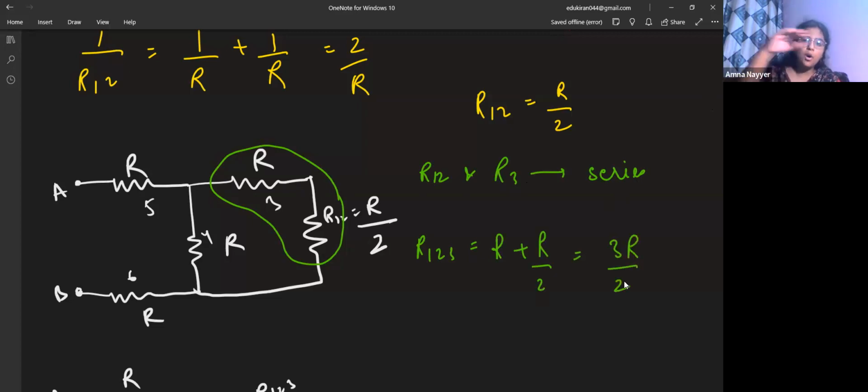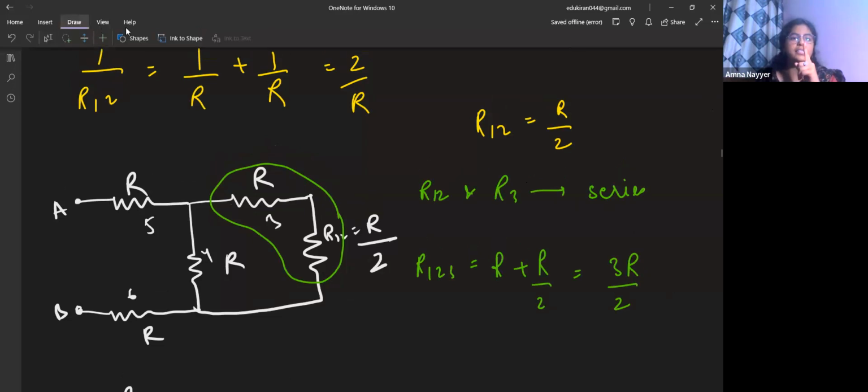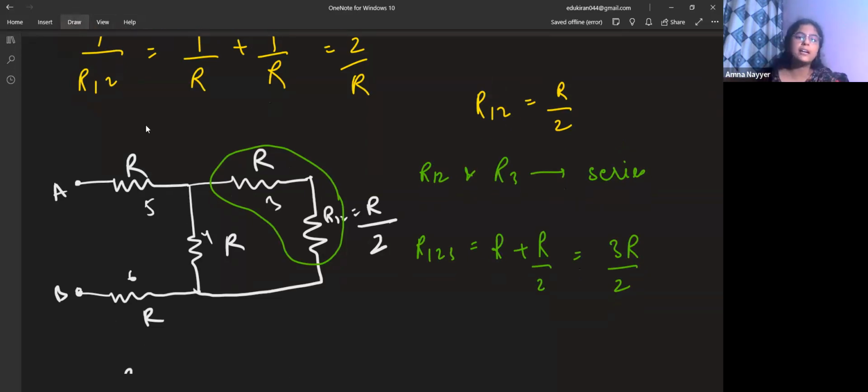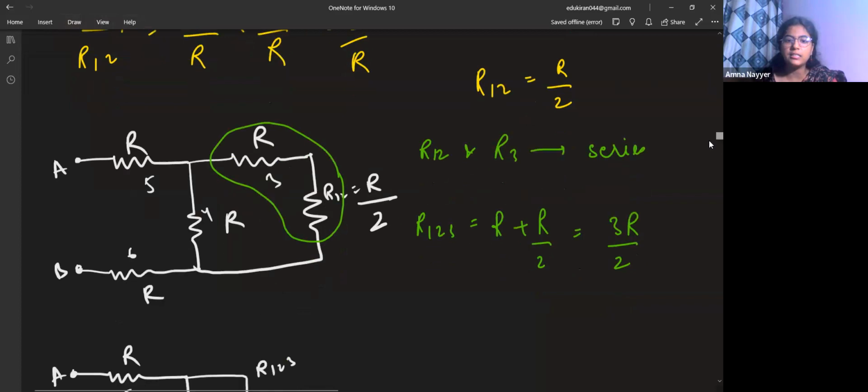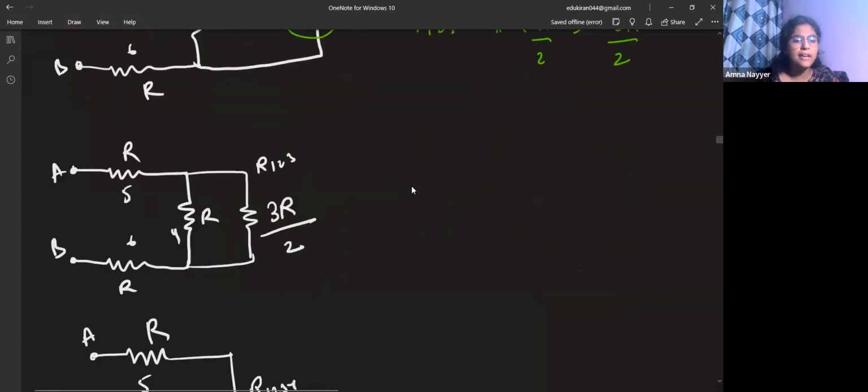So instead of all these resistors, I will combine them and give one single resistor in terms of these. So can I just place a single resistor in place of these? I will have this type of resistor.